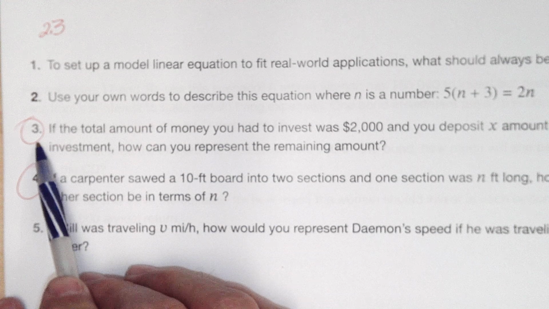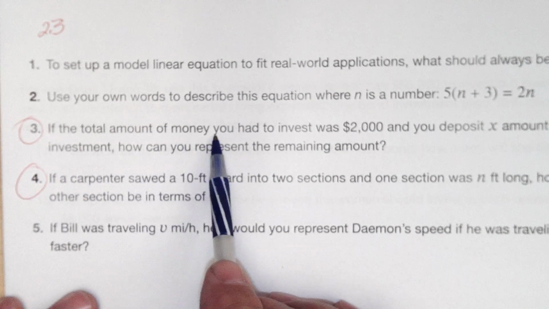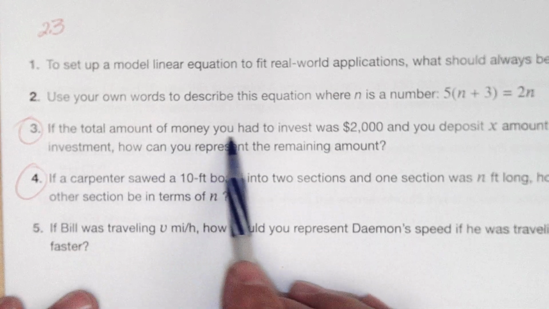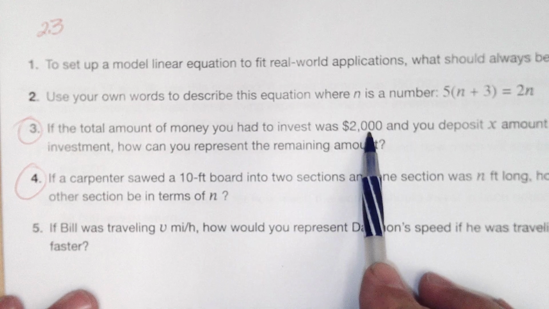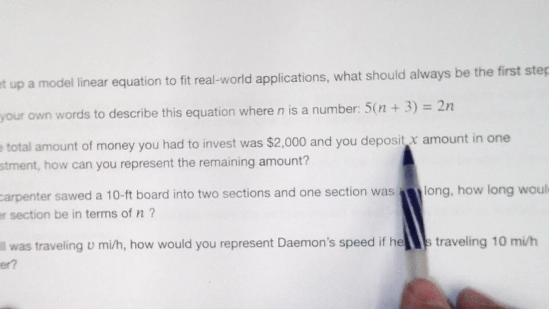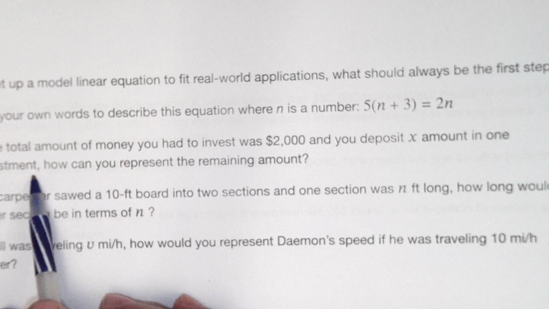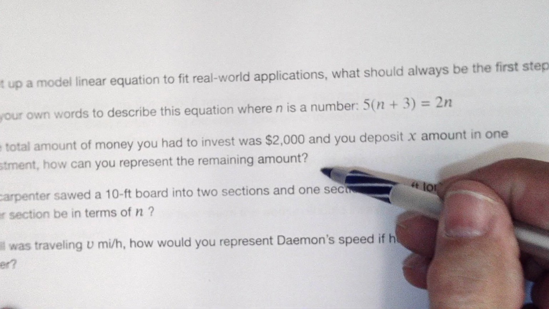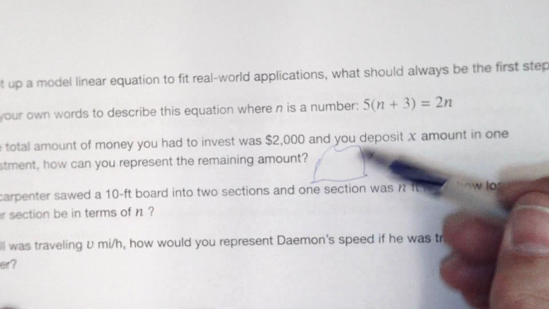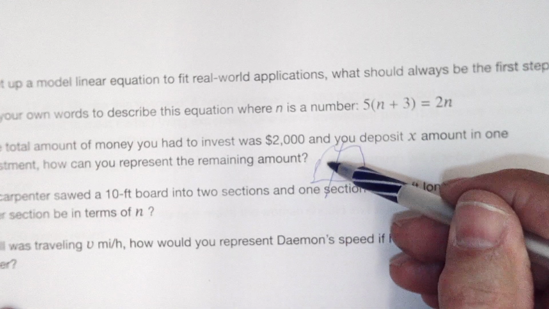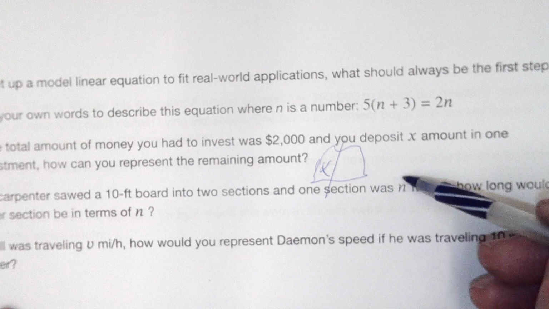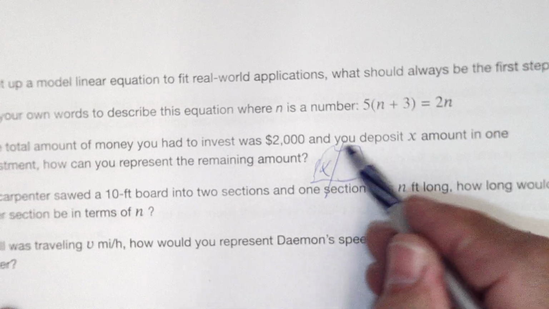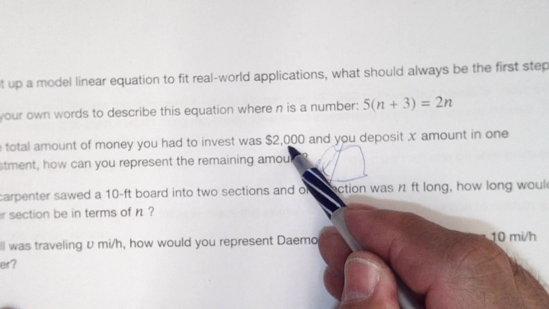I didn't assign this one, but if the total amount of money you had to invest was $2,000 and you deposit X amount in one investment, how can you represent the remaining? So if you had 2,000 and part of it is X dollars, then the other part is what's left from 2,000.